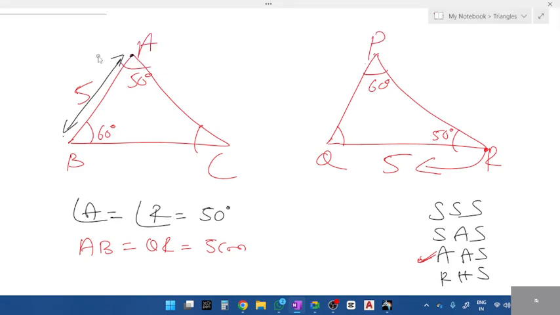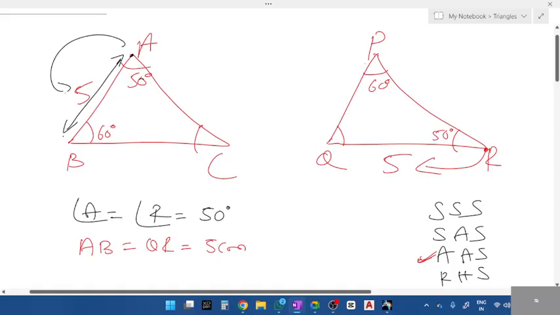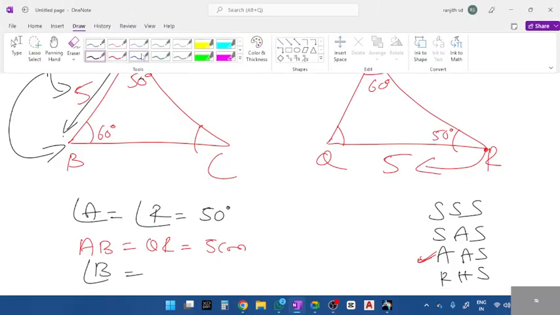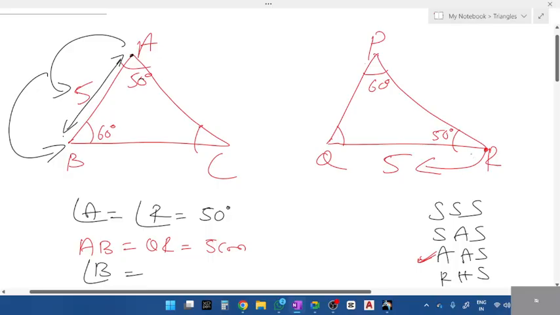I mean, in the first diagram, clockwise or anti-clockwise? Anti-clockwise. After 50 degrees, we have side 5. After 5, what do we have? After 5, we have angle B. Okay, left and right, you can travel in any side. Left hand side, which side are we traveling? Clockwise or anti-clockwise? Clockwise. After angle R, what is given? 5 centimeters. After 5, angle B.